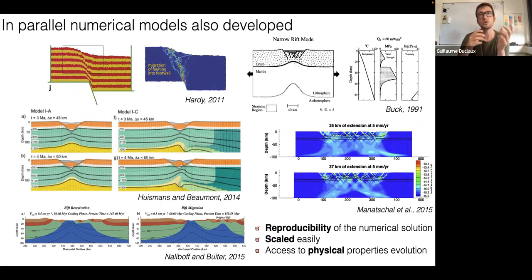In analog models, you generally have to set the rheology by blocks, so you tend to have a kind of unique behavior for different layers.